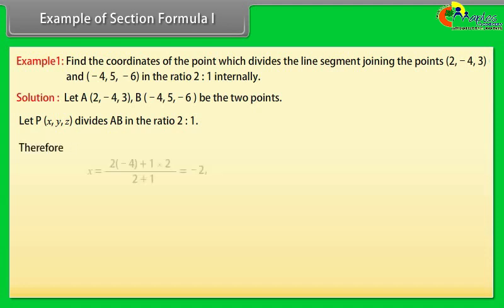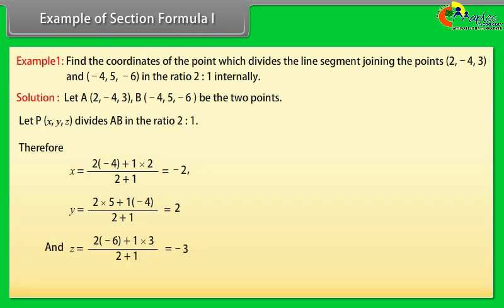Therefore, x is equal to (2 into -4 plus 1 into 2) divided by (2 plus 1) is equal to -2. y is equal to (2 into 5 plus 1 into -4) divided by (2 plus 1) is equal to 2, and z is equal to (2 into -6 plus 1 into 3) divided by (2 plus 1) is equal to -3. Thus, the coordinates of P are (-2, 2, -3).